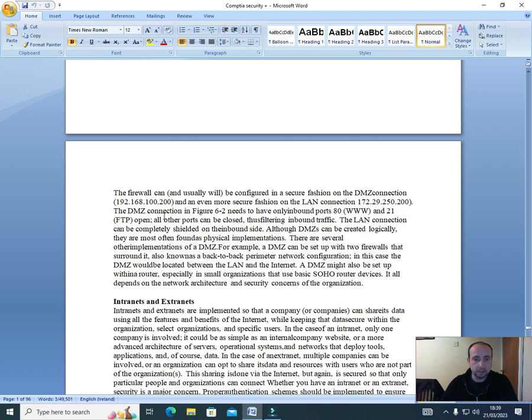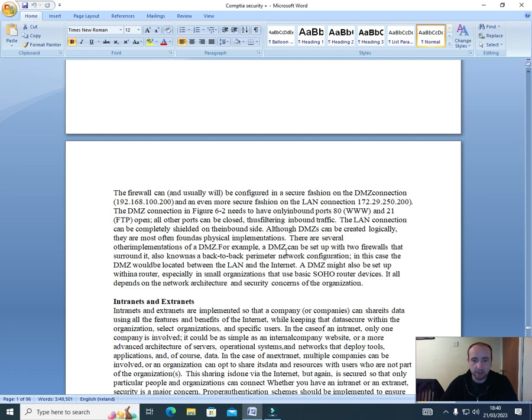172.29.250.200. The DMZ connection in figure 6.2 needs to have only inbound ports 80 (WWW) and 21 (FTP) open. All other ports should be closed, thus filtering inbound traffic. The LAN connection can be completely shielded on the inbound side. Although DMZs can be created logically, they are most often found as physical implementations. There are several other implementations of a DMZ.